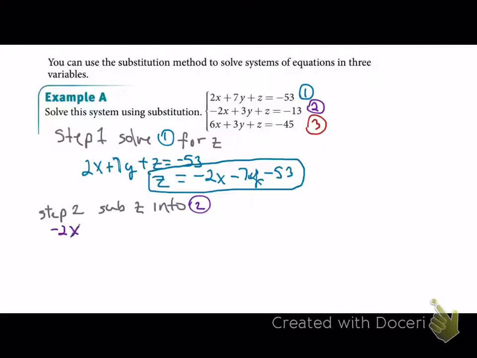That's my negative 2x plus my 3y plus my z equal to the negative 13. Okay? So I'm going to take out the z and replace it with what I just solved for. So that would give me negative 2x plus 3y plus, I'm going to do my replacement, and that is the negative 2x minus the 7y minus the 53 equal to the negative 13.